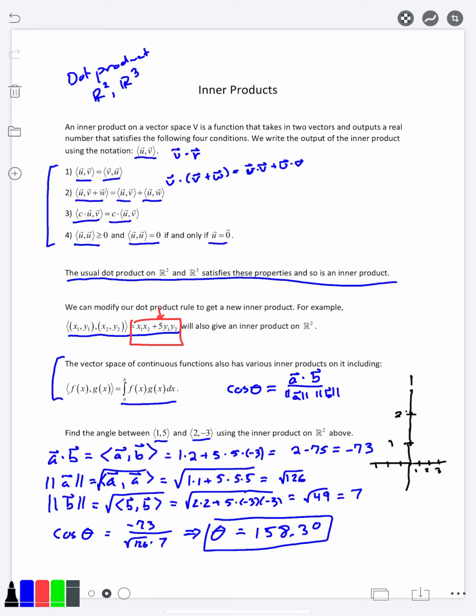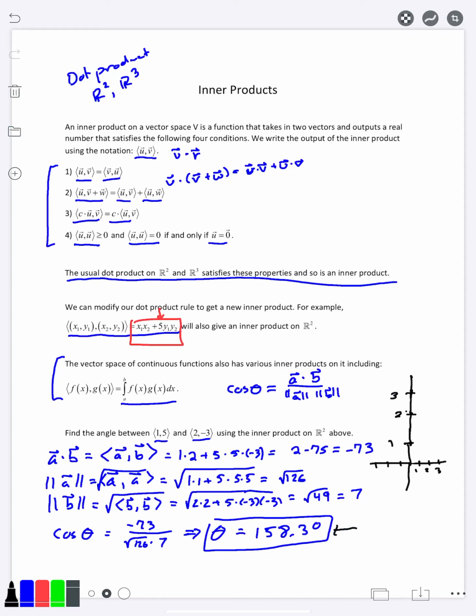And so it's saying that when you use this type of scaling, where the y-axis scales 5 times larger than the x-axis, if you drew the picture on that type of graph, then you get the angle of 158.3 degrees.